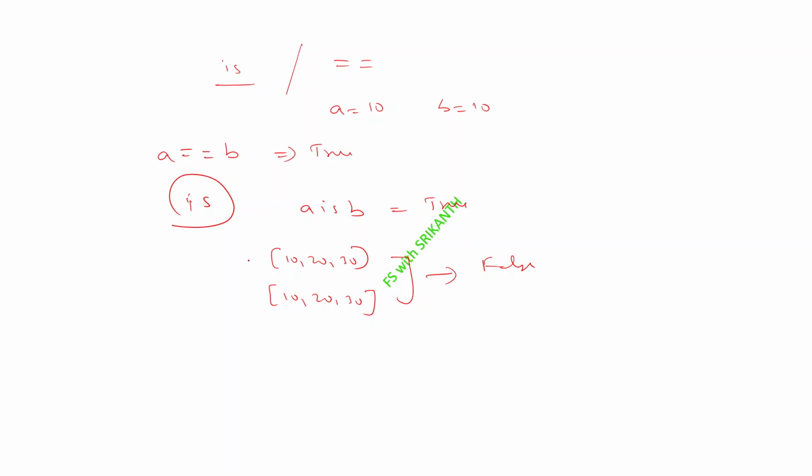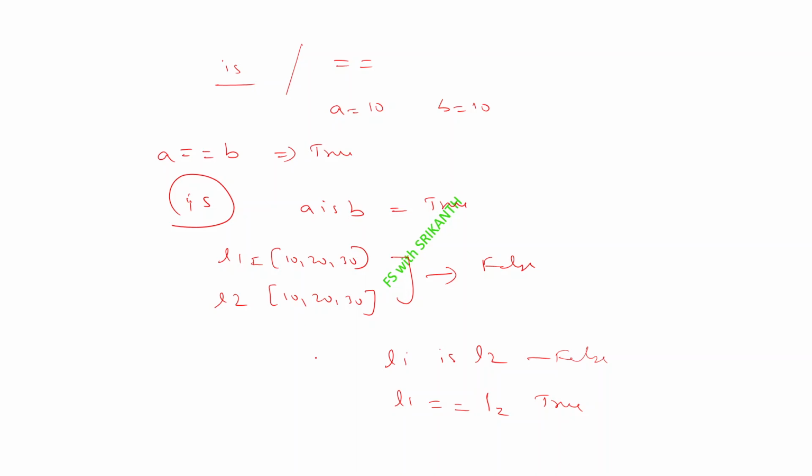At the same time, suppose this is L1 and this is L2. L1 is L2 gives false, while L1 equal to L2 gives true. Even though both values are similar, lists are mutable, so that is why we get this type of answer.